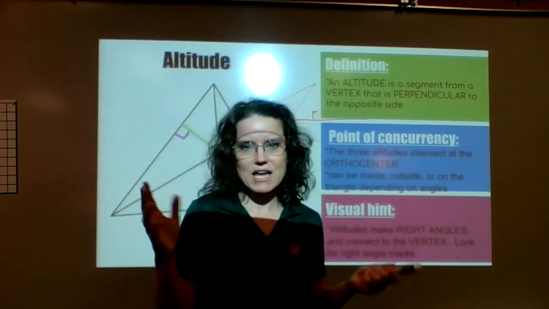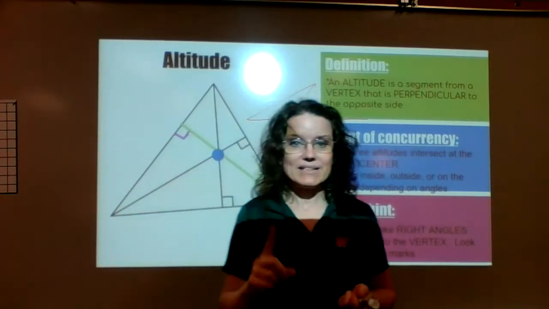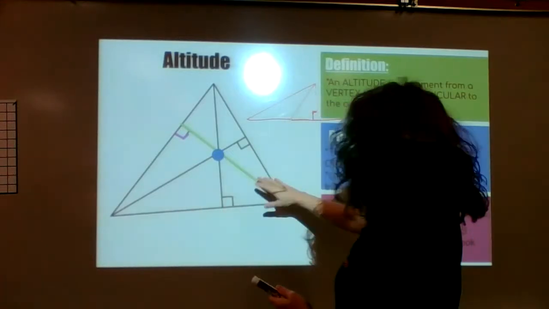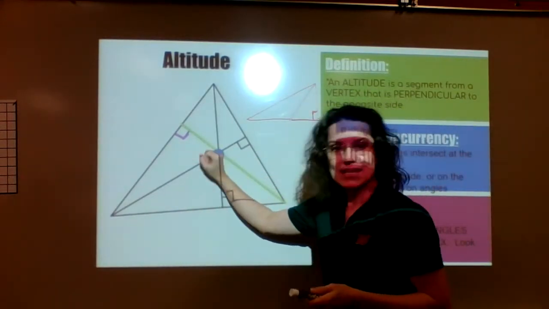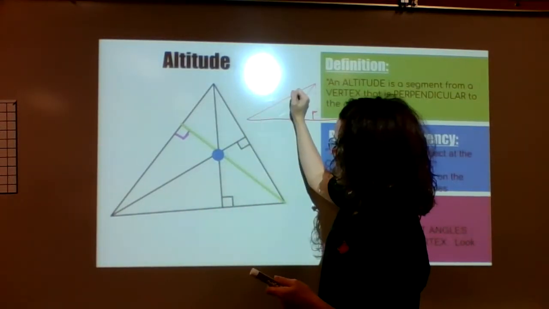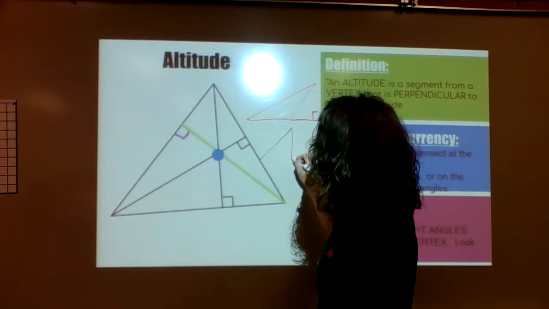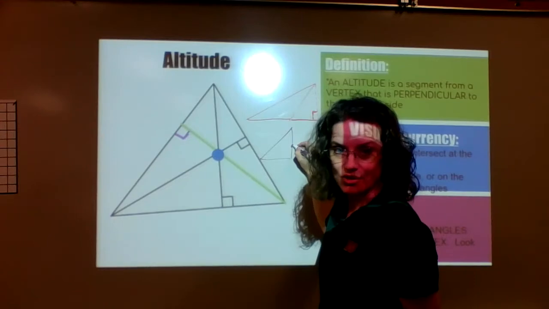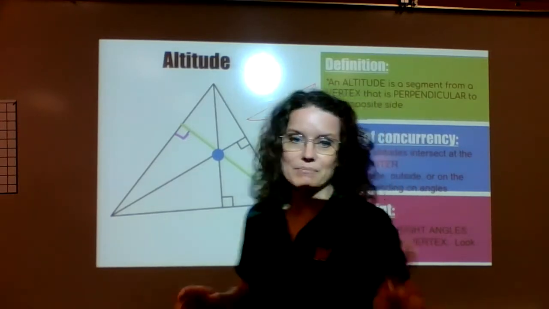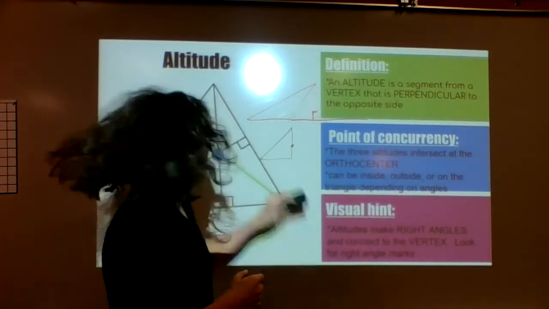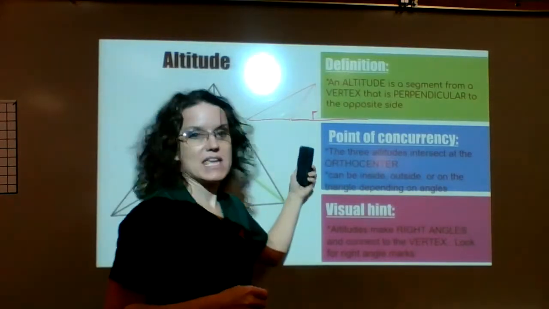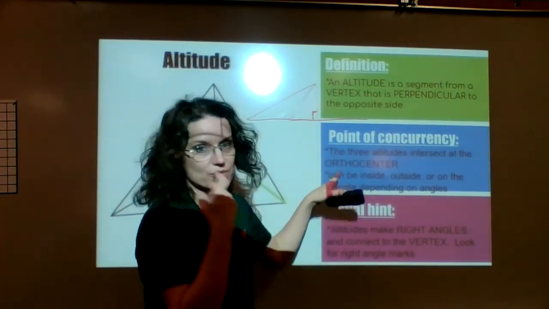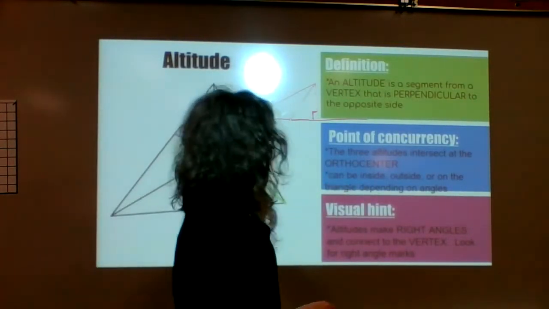Where they get that name, I can't remember what ortho means. But we do know that this orthocenter can be inside, outside, or even on the edge of a triangle if you happen to have a right triangle. And so, again, you don't necessarily have to know that, but just be aware that there's some fun things that this orthocenter can do for us, okay?